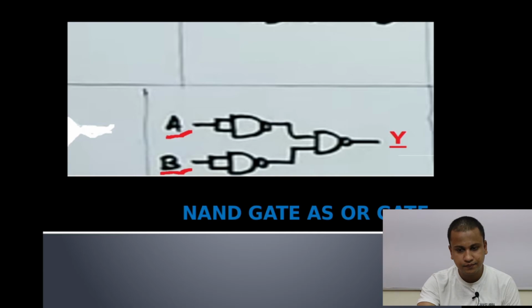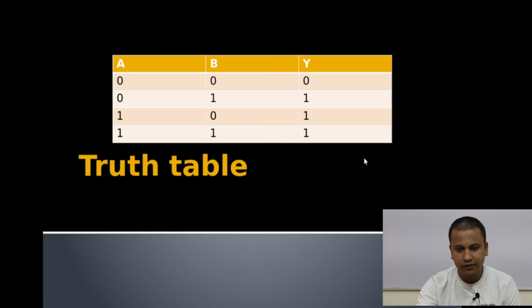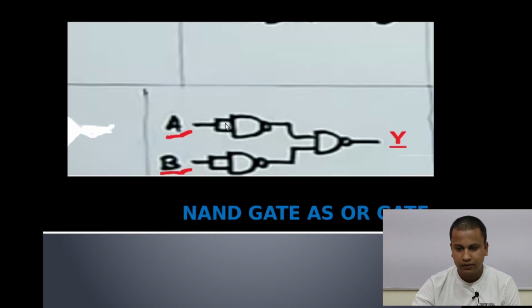Let us see. So here complement of A, then complement of B into a NAND gate. Let us verify this via truth table. 0 0 we have given. 0 0 the answer is 1. 1 1 the answer will be 0.